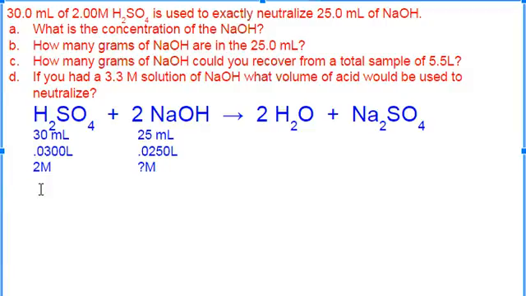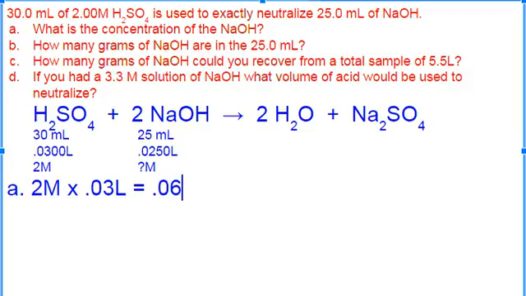In order to know that, I'm going to have to find out how many moles of H2SO4 I had. So 2 moles times 0.03 liters, since molar means 2 moles per liter, will give me 0.06 moles of the H2SO4.